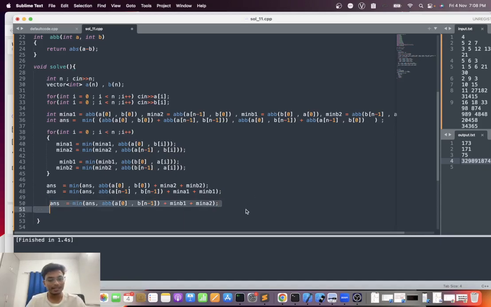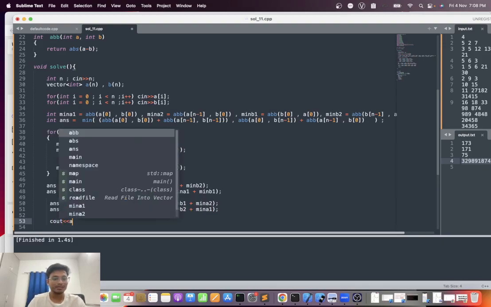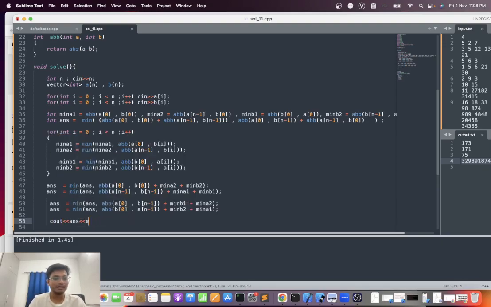So don't think like this is kind of taking minima of the whole thing, it is not a value. Okay, and b2 and a1. So you can do it by yourself. By the way, this is not a great deal.